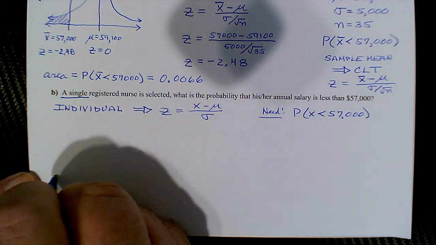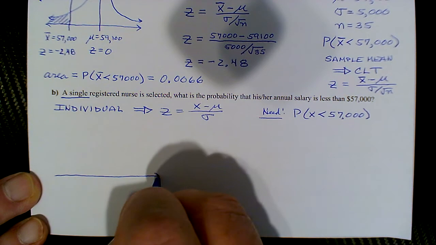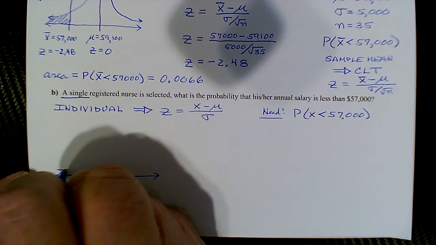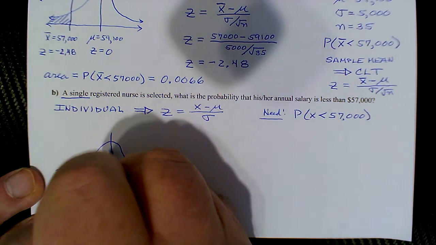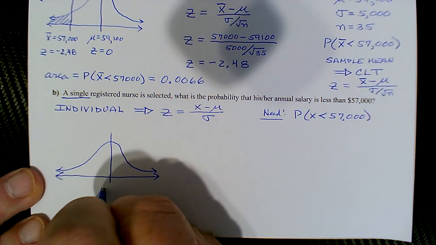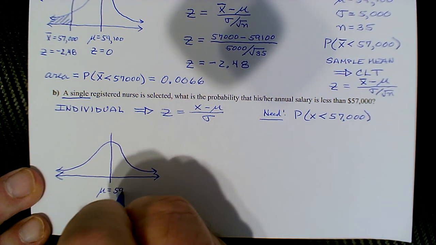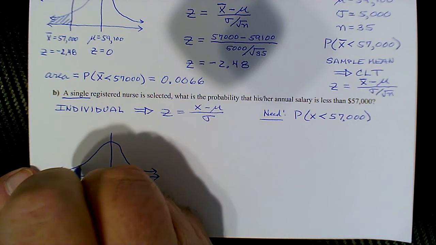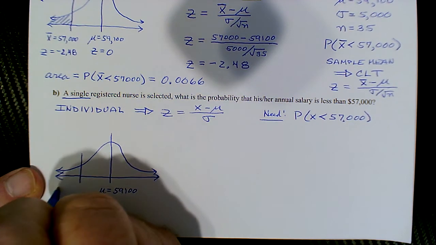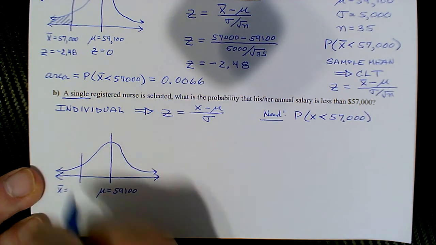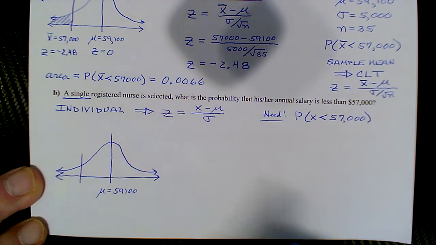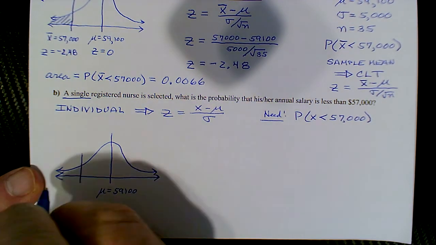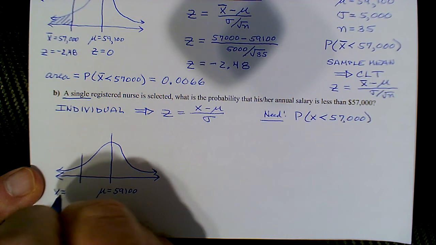So you could draw the picture again, and we get our normal distribution, of course, with the mean going down the middle, which is 59,100. But see, the 57,000 that's to the left is not x bar, it's just simply x, an individual piece of data.